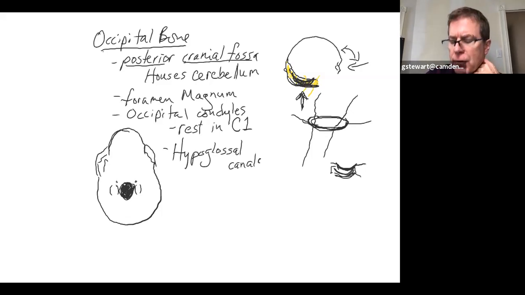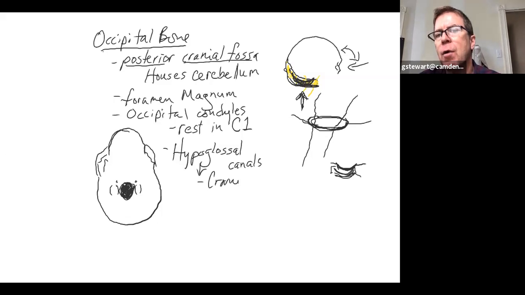So these hypoglossal canals allow a cranial nerve to pass through, and it's cranial nerve number 7. There are 12 cranial nerves that we will learn when we study the brain, and they just have Roman numerals associated with them. So let me write that now. Cranial nerve number 7 passes through this hypoglossal canal.